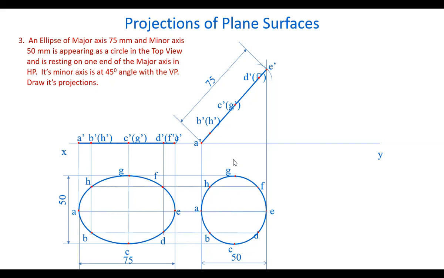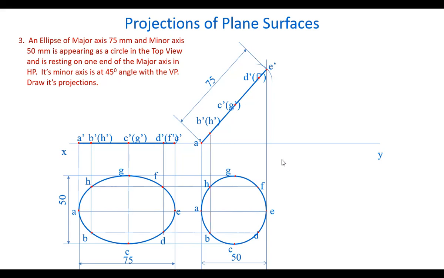How is this GC? GC is a point in the front view. That means it is perpendicular to VP or parallel to HP. So we are able to see the true length, and the true inclination is also visible for GC. So this GC line is at 45 degrees angle to VP.